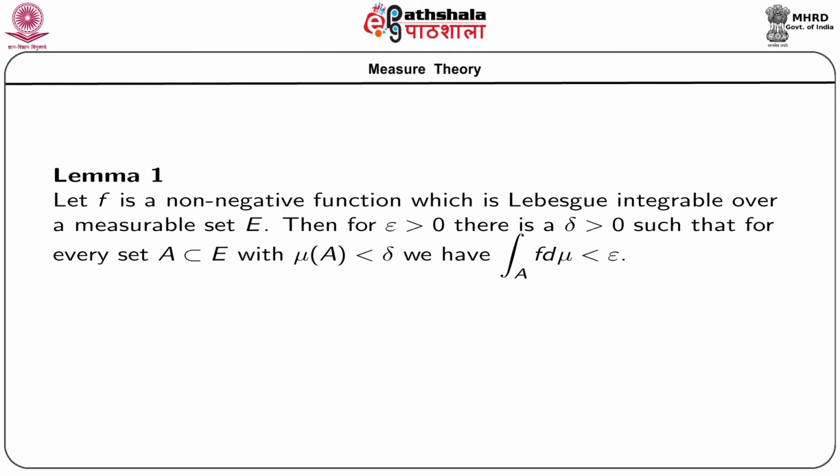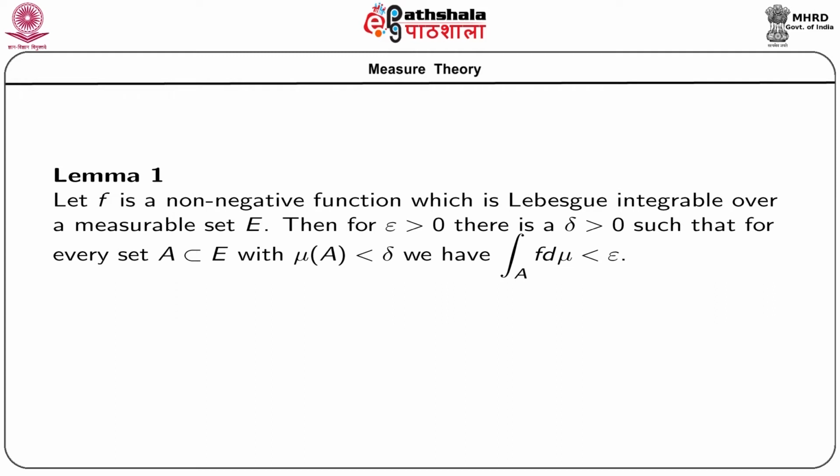If f is a non-negative function which is Lebesgue integrable over a measurable set E, then for epsilon greater than 0, we can find a delta greater than 0, such that for every set A subset of E with mu A less than delta, we have integral over A f d mu less than epsilon.